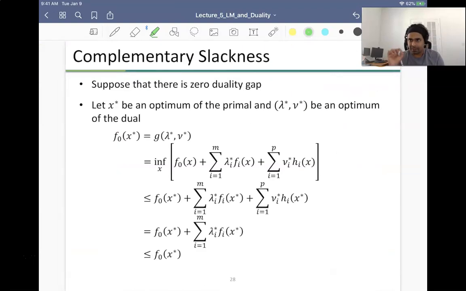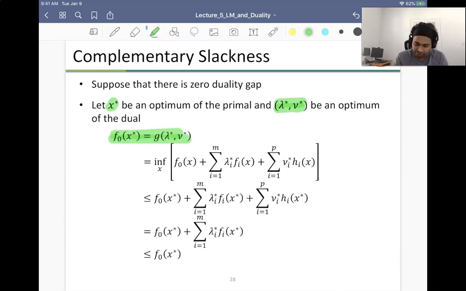To do this, we will look at the notion of complementary slackness. What complementary slackness says is that because of strong duality, by Slater's condition, I have zero duality gap. Given the optimal solution x star, suppose lambda star and nu star are the optimal solutions of the dual. For the case of SVM, I don't have any nu, I just have lambda. But given these optimal parameters, I know that because of strong duality, both of these must be the same.